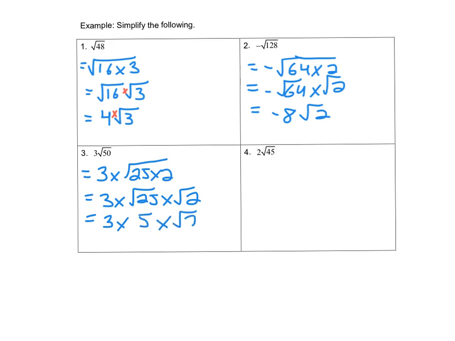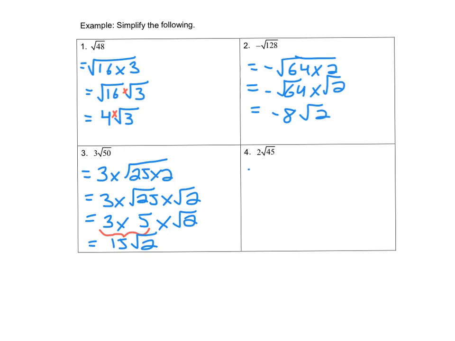I cannot take the square root of 2, so I leave it as root 2. Now I can simplify by multiplying the 3 times the 5, which is 15 times root 2. So 15 root 2 is my simplified mixed radical. Mixed because it has this whole number and then the number under the radical.